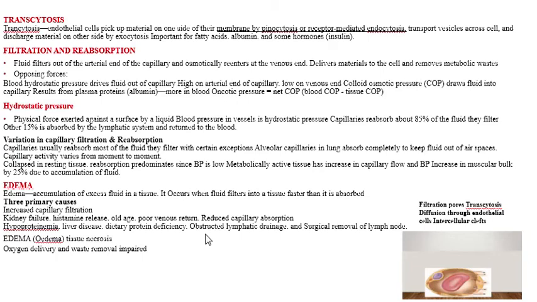Okay, oxygen delivery and waste removal are impaired, especially in kidney failure.